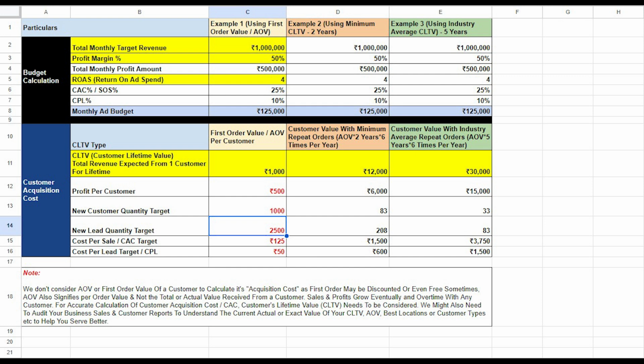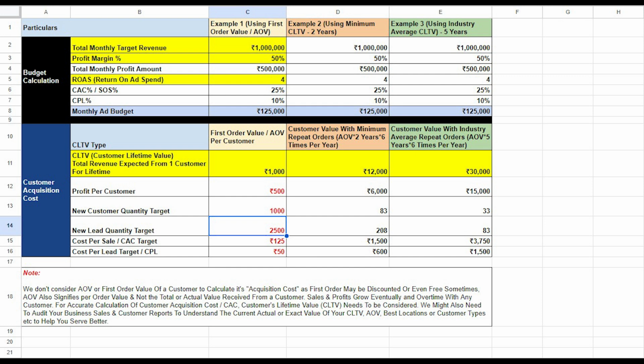So I think targeting profit is the right way. If I have to calculate the budget, the CAC cost was 25%. Our profit was 5 lakh in this example, 10 lakh revenue, 5 lakhs profit. And out of that 5 lakh rupees, we want to allocate it to the advertising cost. We want 4x returns here in our example.